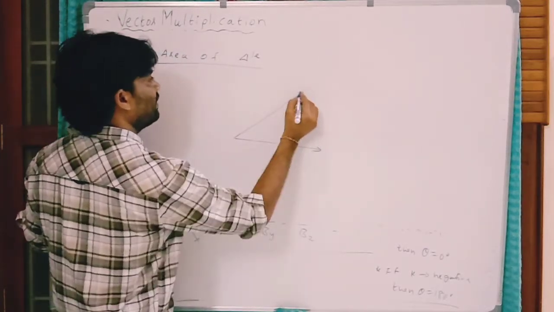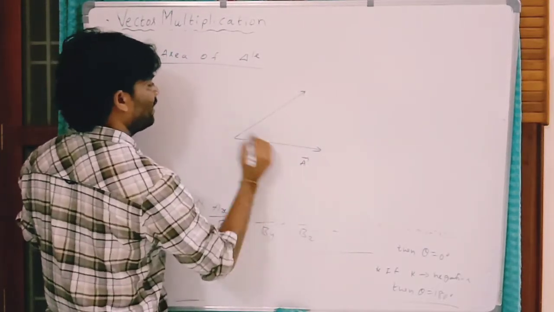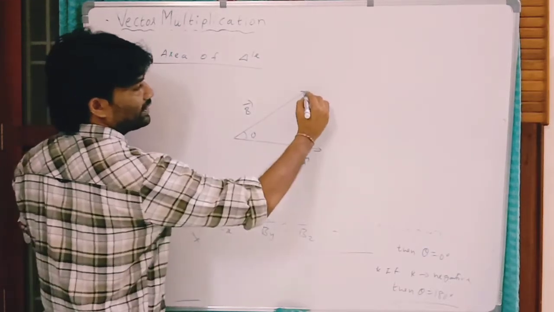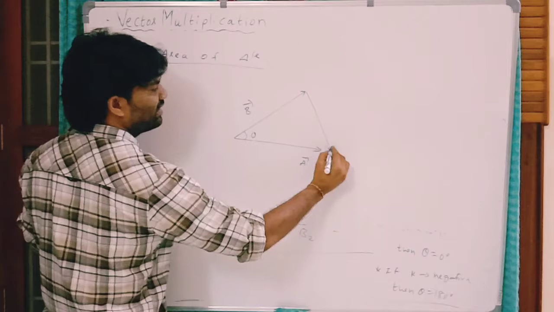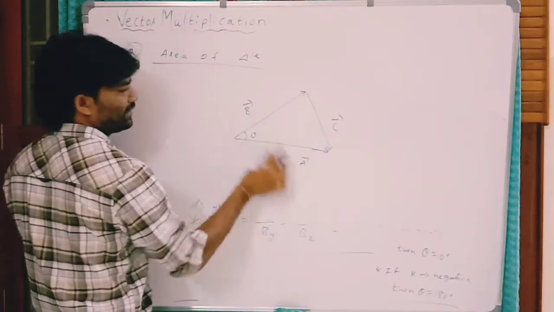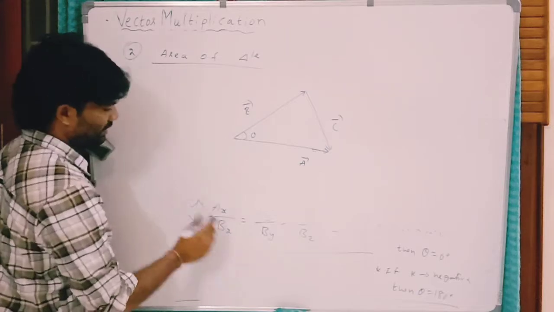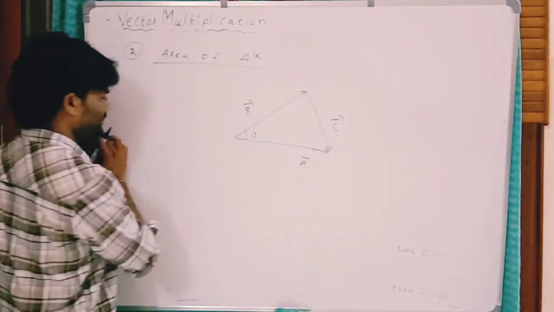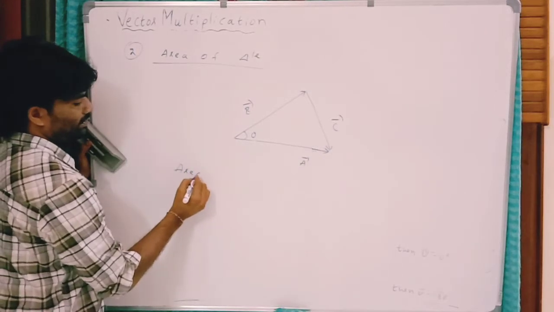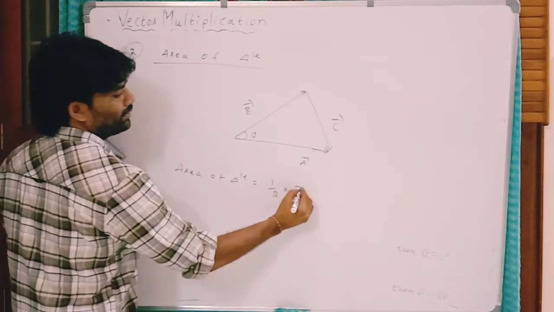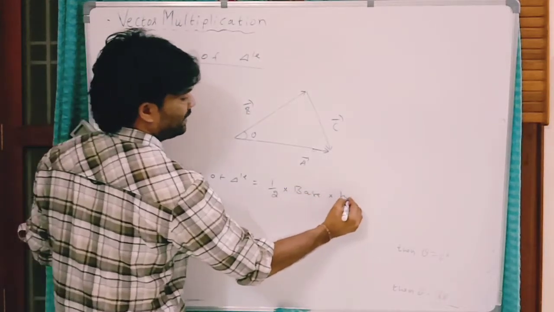If two vectors are the two adjacent sides of a triangle like this, A and B, with angle between these two theta, and this is one more side, C vector. If you know these two sides, you can see here the basic formula for area of the triangle. Area of triangle is half base into height.